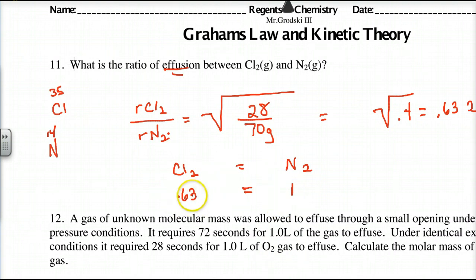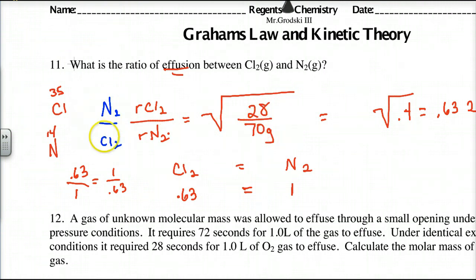Now, people don't like this. So let's do the inverse of 0.63. Let's go find 1 over 0.63. Meaning, if I did the problem setting it up this way, N2 over Cl2, notice the molecular mass would be 28 over 70. So if I did the problem the opposite way, what value would I get?